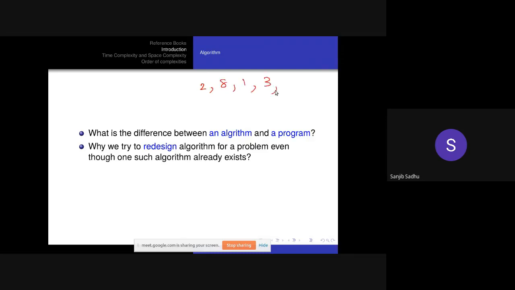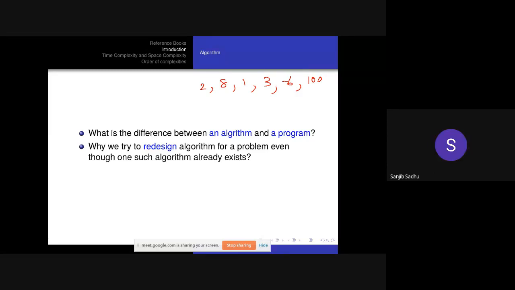These are the data. Suppose 2, 8, 1, 3. Just random data I am giving, and you have to sort this. Now tell me, in how many ways can you write this sequence? Factorial n. Correct or not? Yes, sir. So one of those factorial arrangements will be in the sorted order or not? Yes, sir.